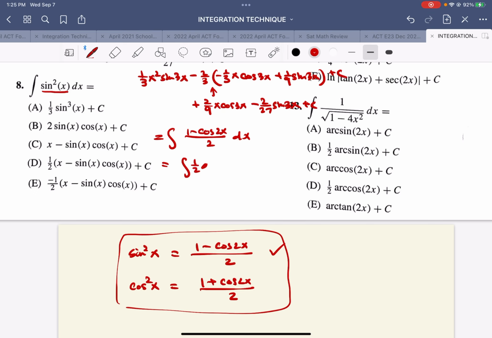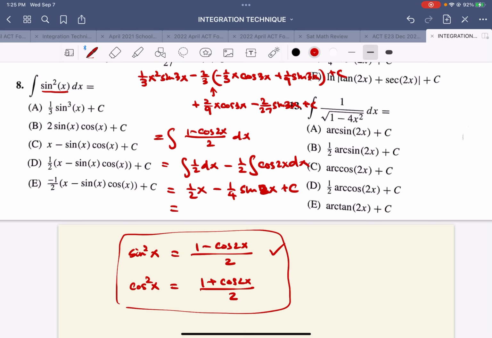Integral 1/2 dx minus 1/2 integral cosine 2x dx. You can split it first, and then you take the antiderivative: 1/2 x minus, then consider the chain rule, so 1/4 sine 2x plus c, right? And then when you take out, this is a 2x.